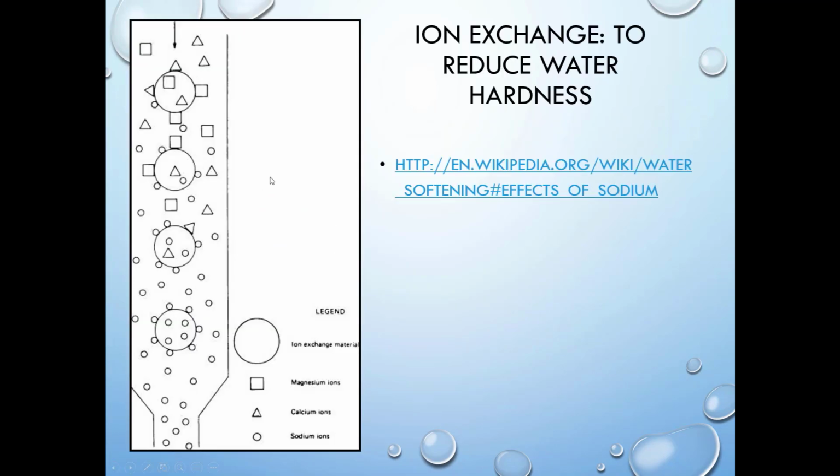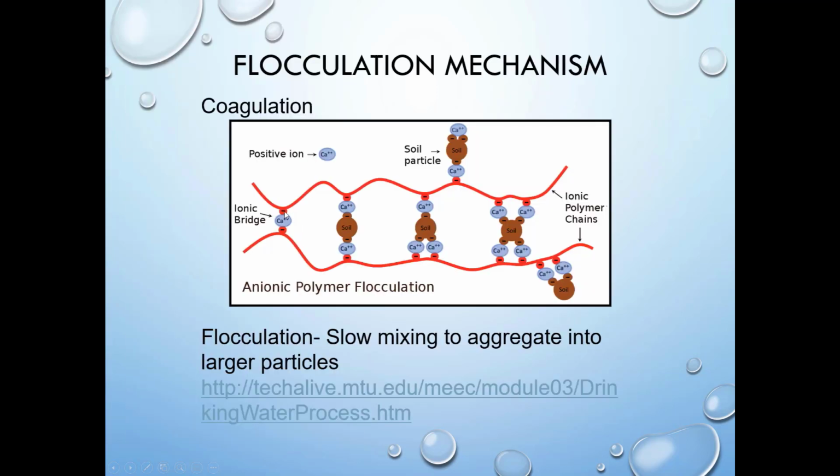Ion exchange is another system that tends to use this idea of charged polymers or charged resins. Let's take a look at this legend. We've got this ion exchange material. A lot of ion exchange materials are also negatively charged, just like we saw with this flocculant, this anionic polymer.